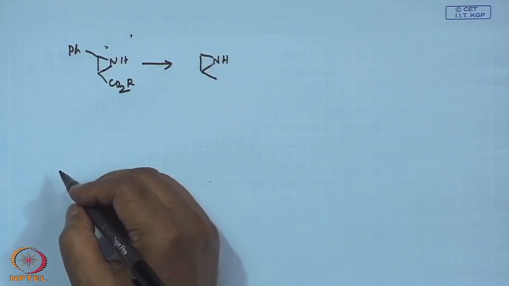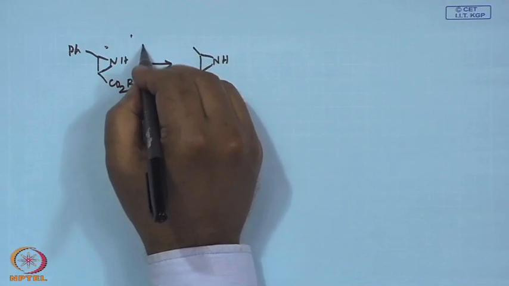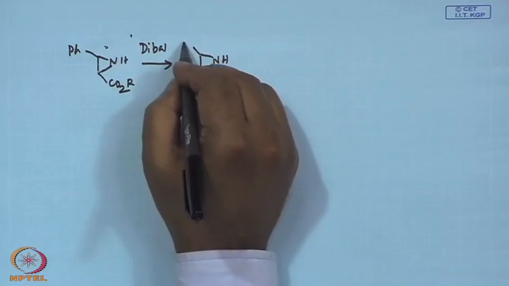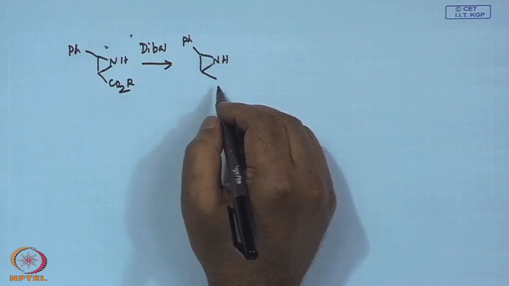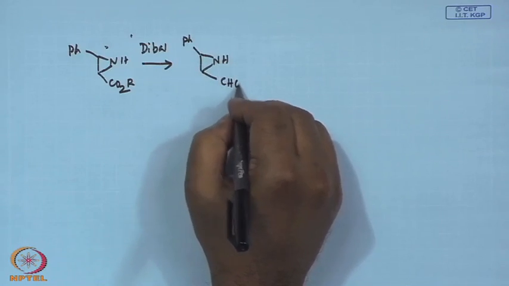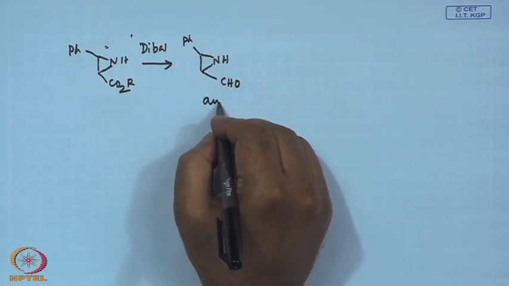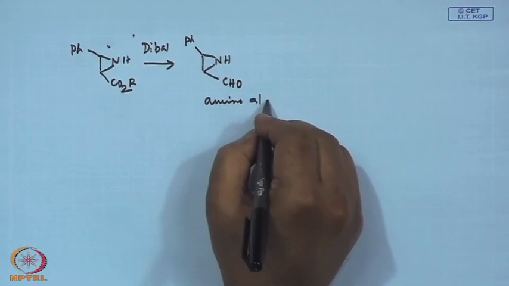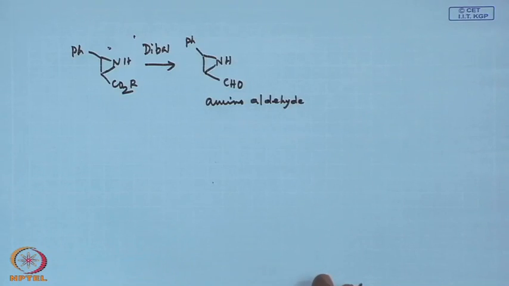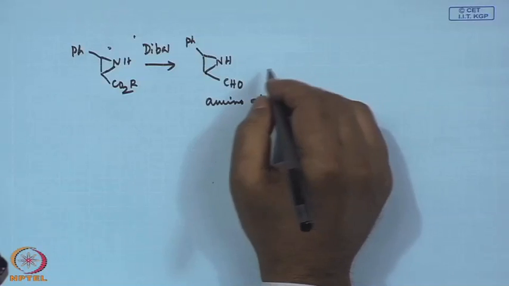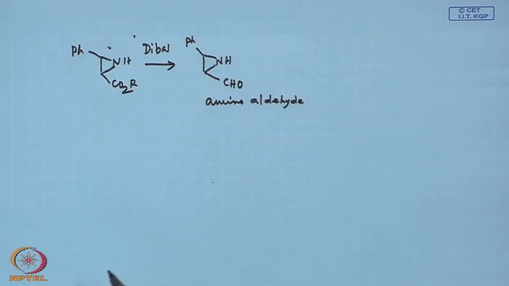If you react this with DIBAL, and all of us know what is expected, DIBAL is so selective towards ester reductions to the aldehyde. So, you will guess this. Now, what is it? It is an aminoaldehyde, right. In the previous case it was not very stable, so it underwent further reactions, but in this case if you want to stop this, is it possible or not?